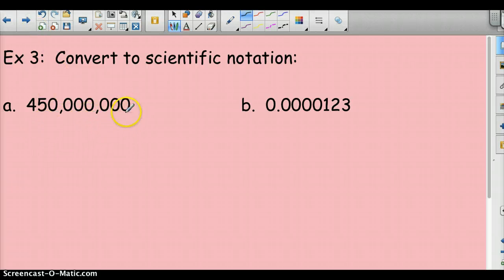Here's the idea. We look at this number, 450,000,000. Now, first of all, it's bigger than 1. It's a huge number. It has to be to a positive power. I'll just give you a hint there. The way to do it, though, our decimal point right now is right here. We will move it to where we can find a number between 1 and 10. I get here, 450, still not between 1 and 10. 45, still not between 1 and 10.